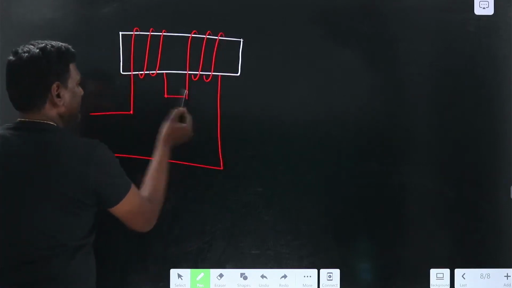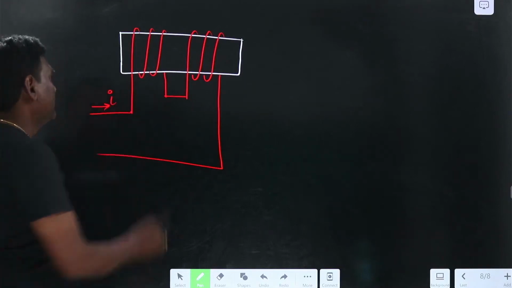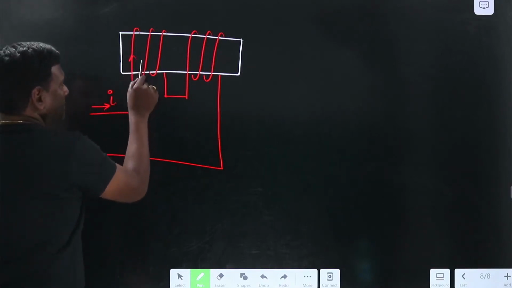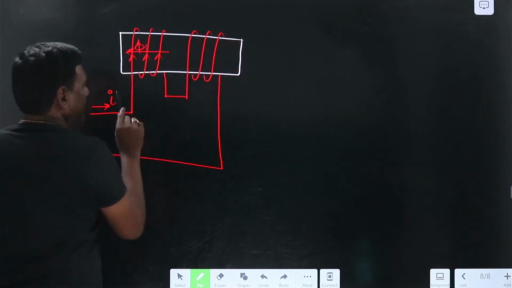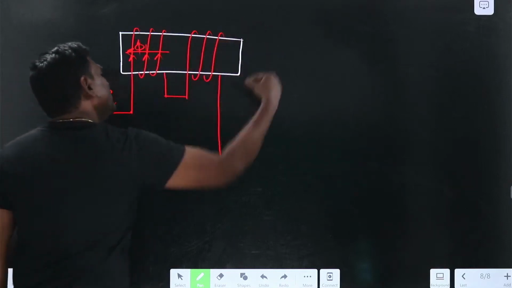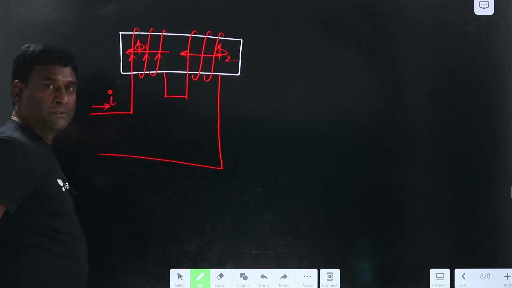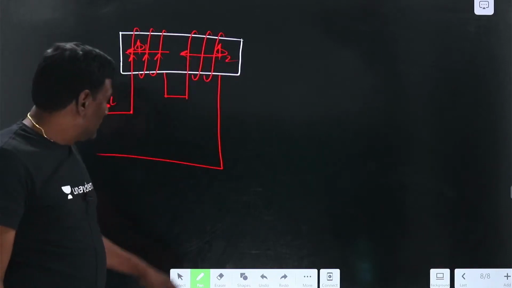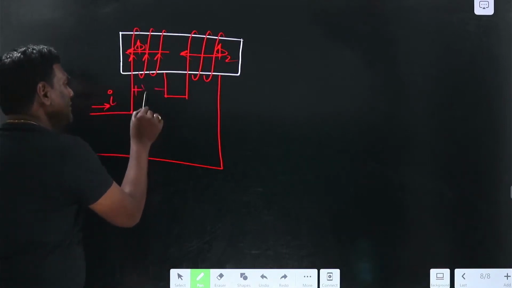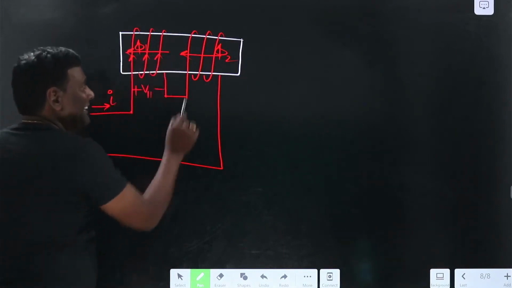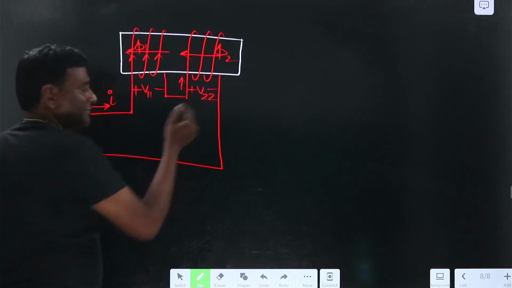Now if I connect these two in series, because of this current, my flux will be in this direction. Because of the same current flowing with the same sense of the winding, this also gives phi 2. Now both are aiding each other, yes. Now if I think of my current entering here, so plus minus self.